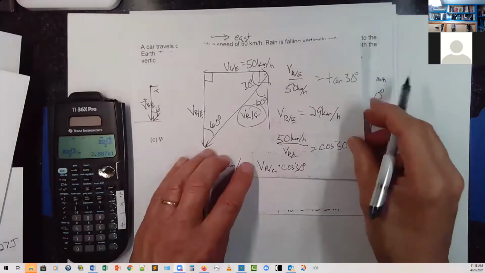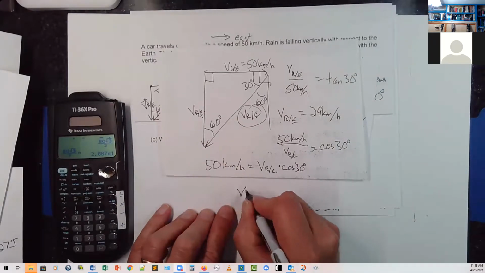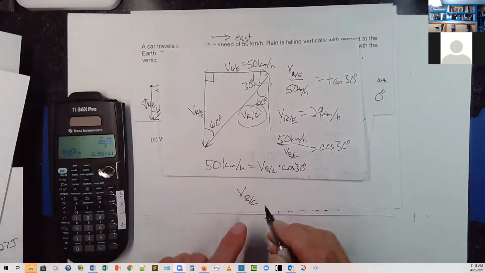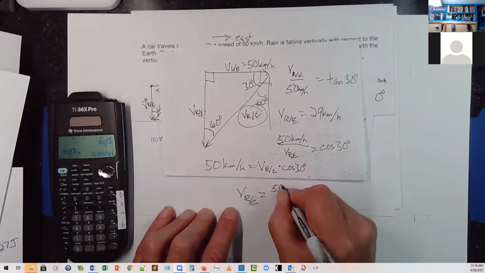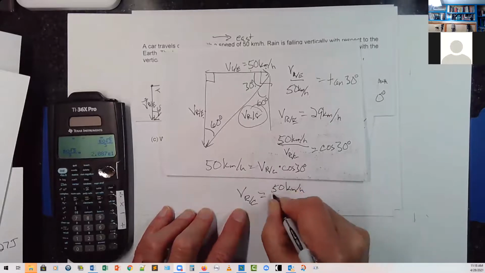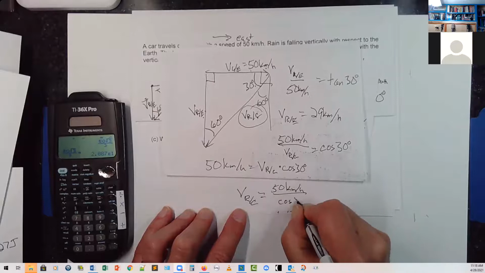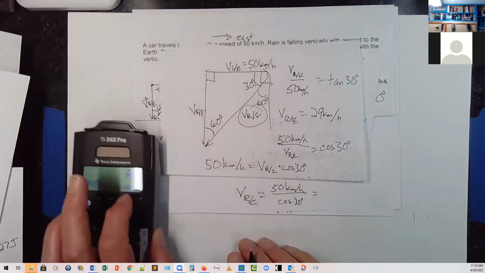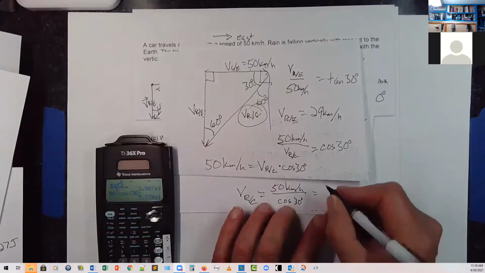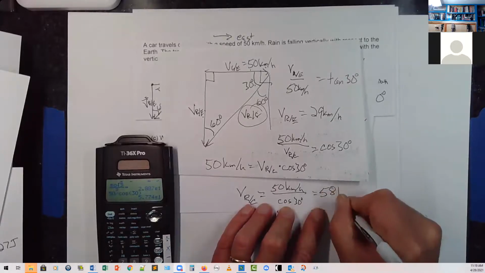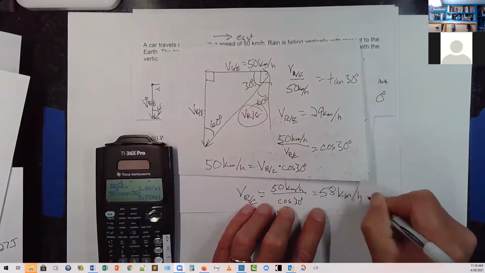Or finally, you'll end up with the velocity of the rain with respect to the car, divide both sides by the cosine of 30, and that will equal 50 kilometers per hour divided by cosine of 30 degrees, and you get about 58 kilometers per hour.